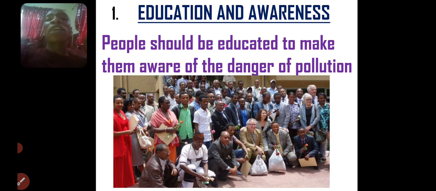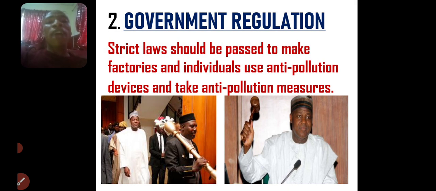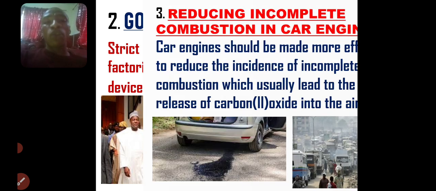So education and awareness is the strongest measure to prevent or control air pollution. Number two is by government legislation, government regulation. Government should make strict laws to reduce air pollution by industries that are normally bringing out all these pollutants. They should make anti-pollution laws that will help the society.